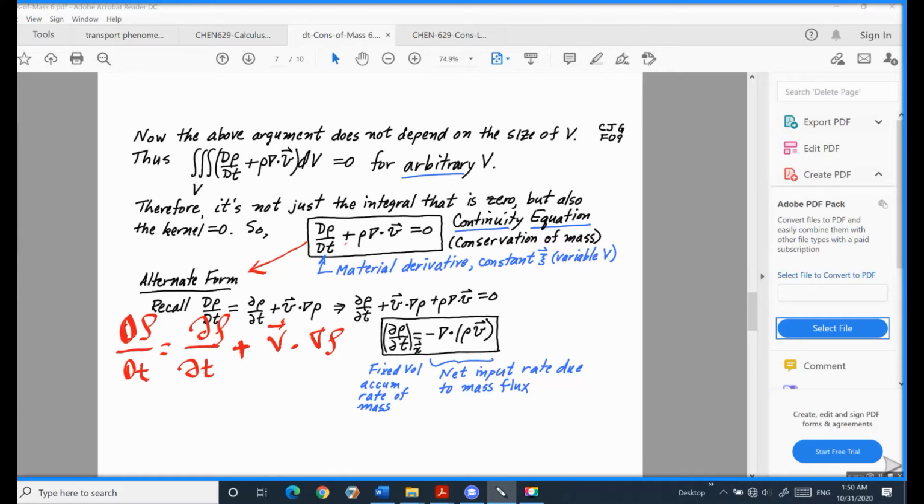If I write this here and exchange it by this, plus rho times the divergence of velocity is going to be equal to 0.